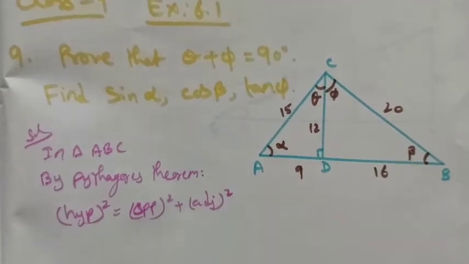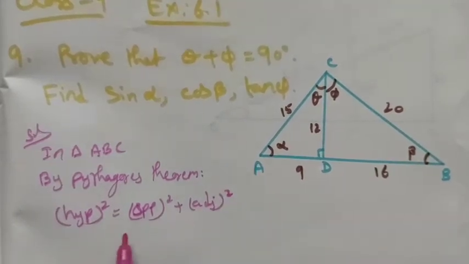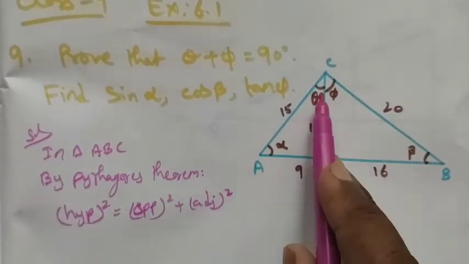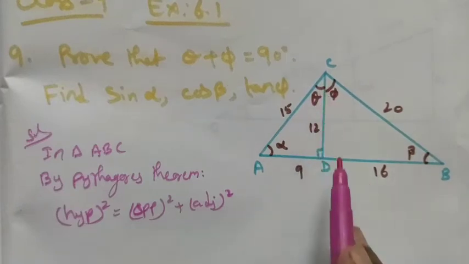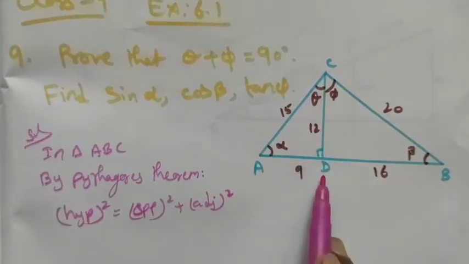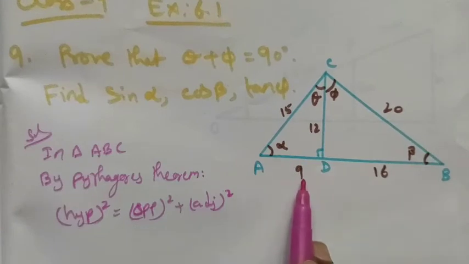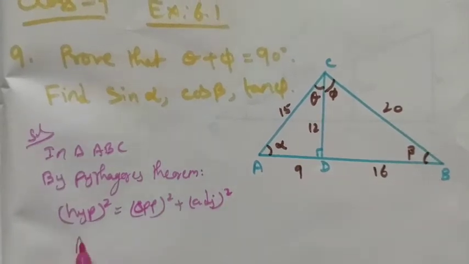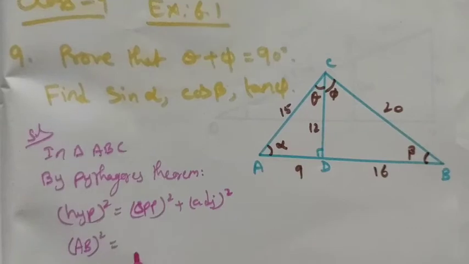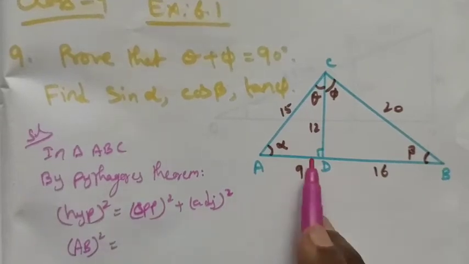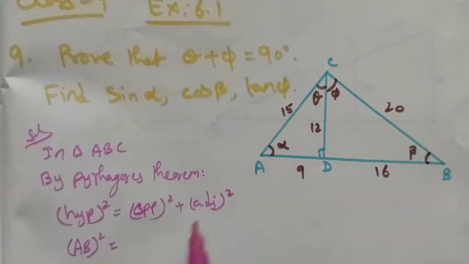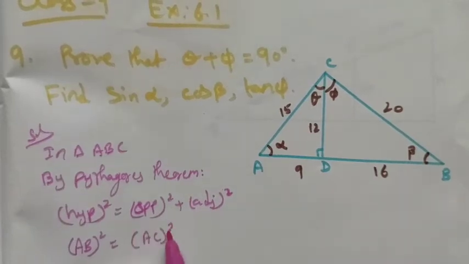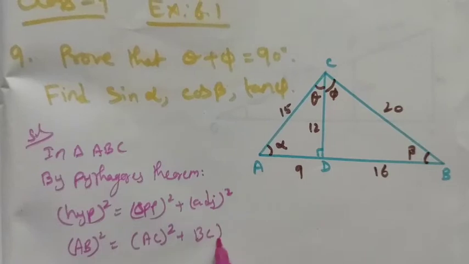That is, the sum of the squares of the other two sides is equal to the square of the hypotenuse side. Here the hypotenuse side is AB, so AB square, and for the other two sides we may choose either as opposite and adjacent. Let me take it as AC square plus BC square.